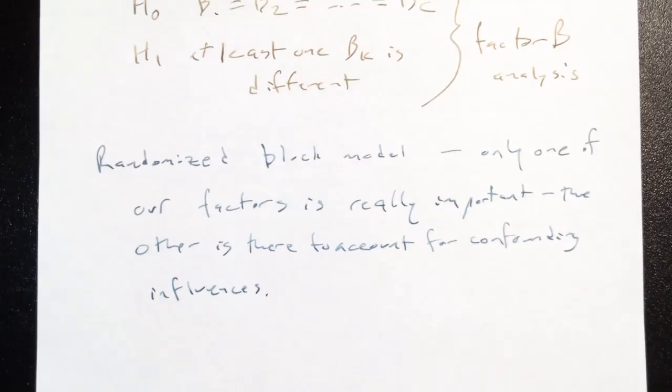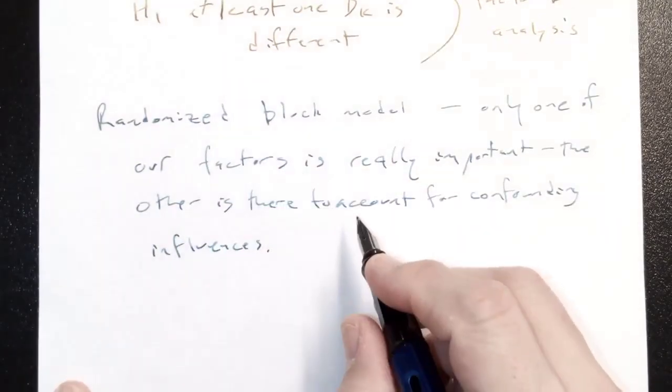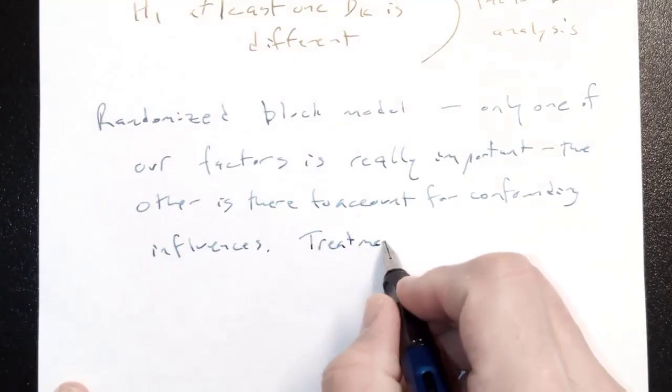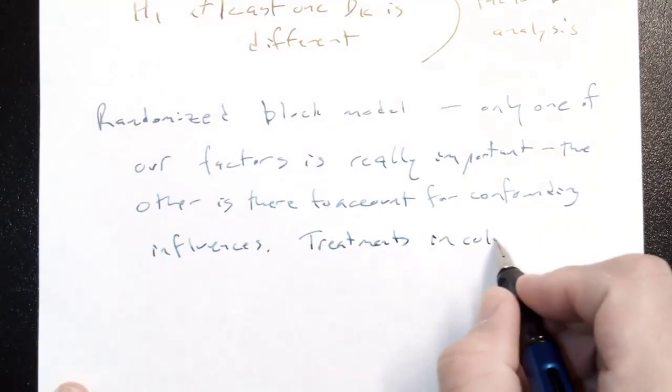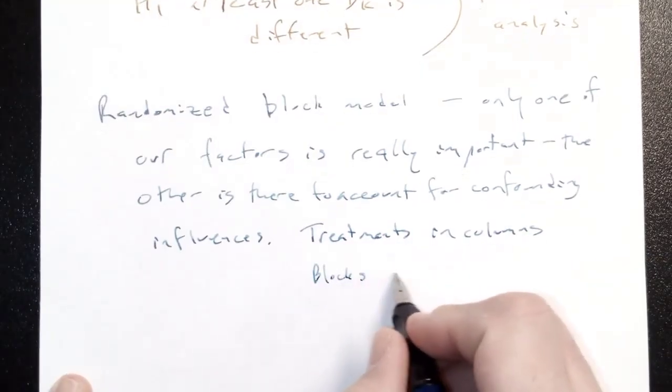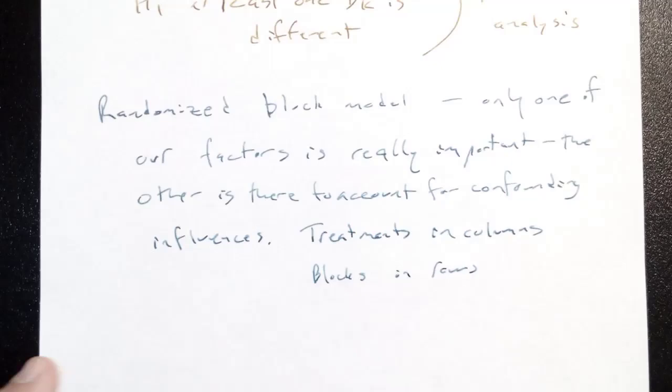Now, in that case, we almost always put our treatments in the columns. And then we call the row effects the blocks. And then I can randomly assign subjects in each block to a treatment.